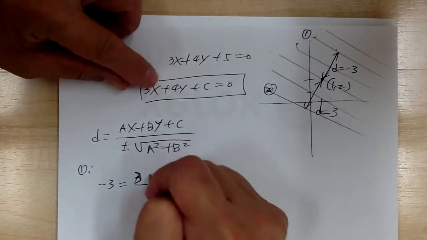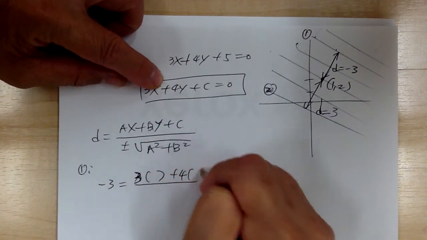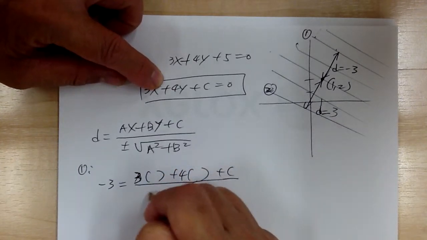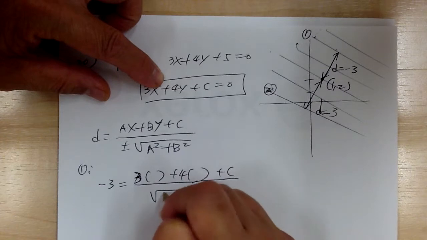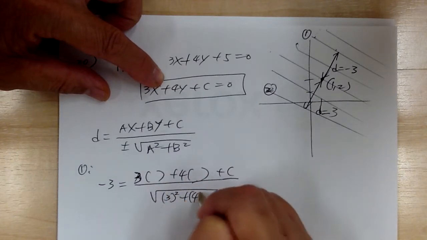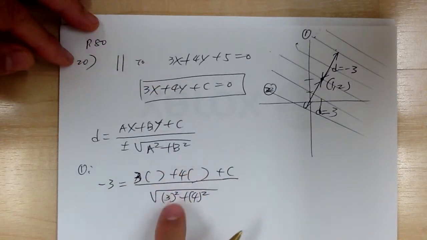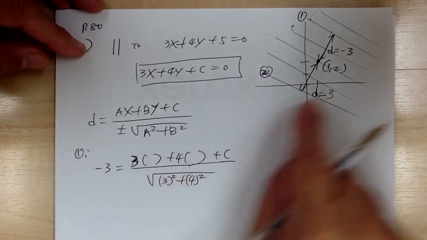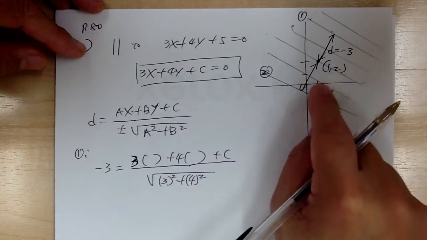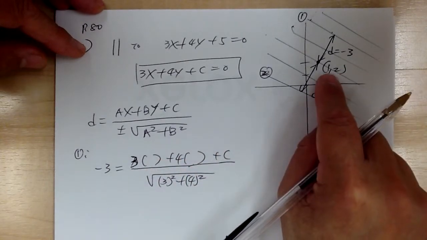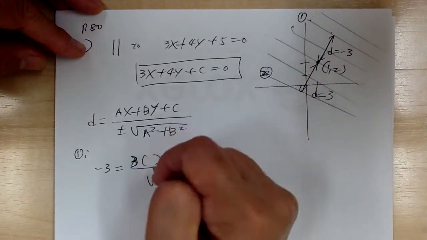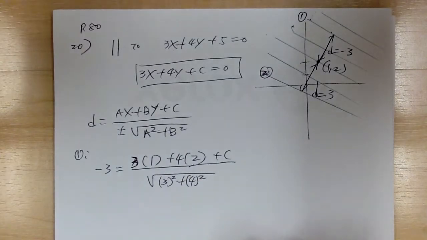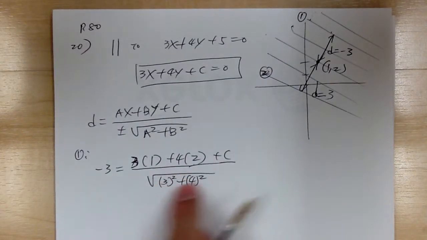Here's your equation: 3 times blank plus 4 times blank plus C, over the square root of 3 squared plus 4 squared. If you know it's a 3, 4, 5, then you don't have to do all of this. Last time the point was the origin, (0, 0), but this time the point is (1, 2). So you put 1, 2 in here, and then you can work it out. This is equal to 5.